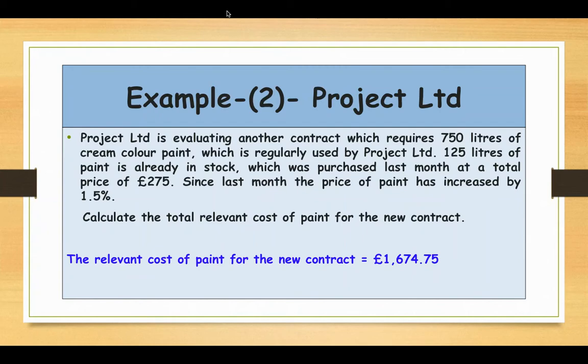Either way, you will get £2.233 per litre. So the new price is going to be £2.233 per litre. So the relevant cost of paint for the new contract is going to be 750 litres times 2.233. So that is 1,674.75.